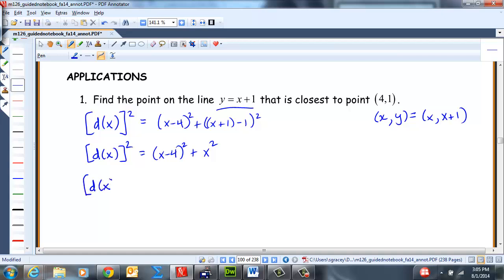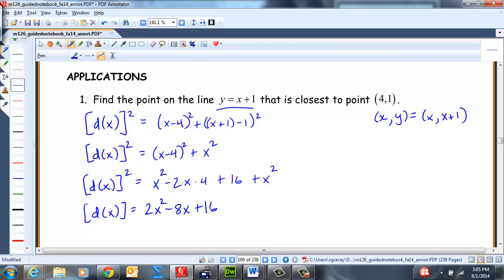When we multiply this out, it's x squared minus double the product of the ends, so 2 times x times 4, plus 16, and then plus x squared. So we'll get this parabola: 2x squared minus 8x plus 16.